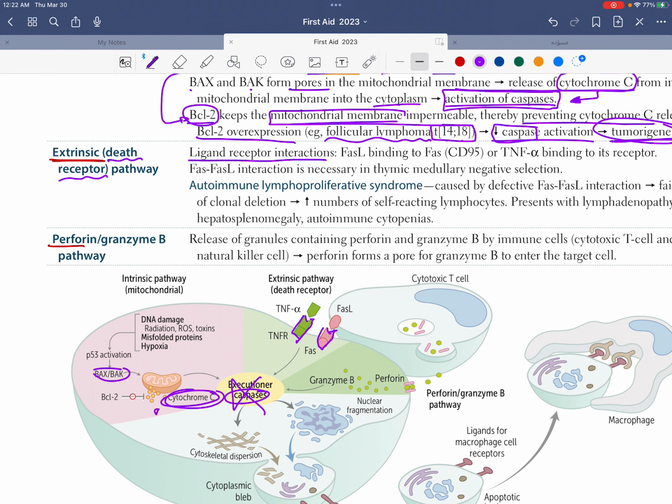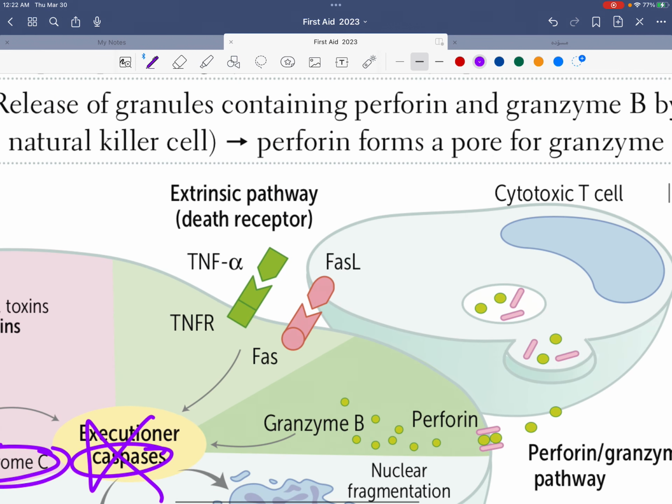So basically the cell that is going to die has some kind of receptor, and there is a ligand coming from somewhere else leading to its death. The examples mentioned are FAS-L binding to FAS, which is CD95, or tumor necrosis factor alpha binding to its receptor. So we have two examples.